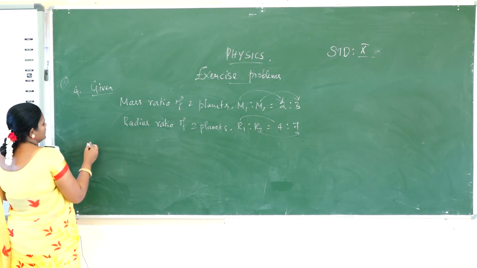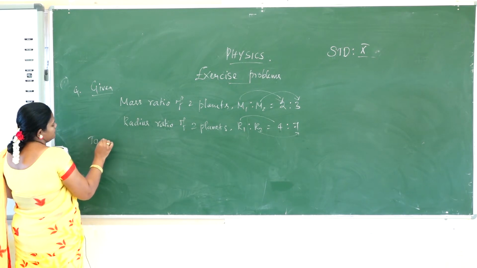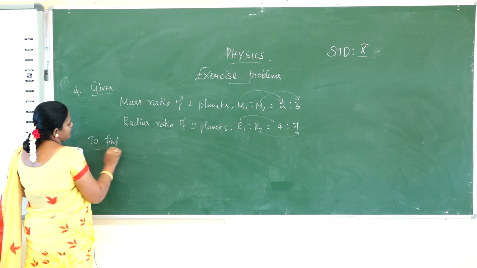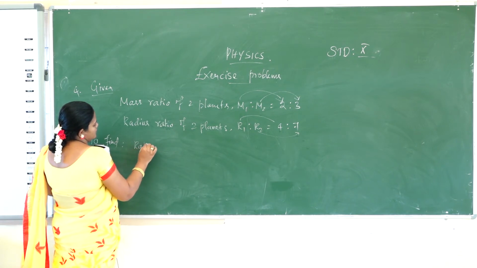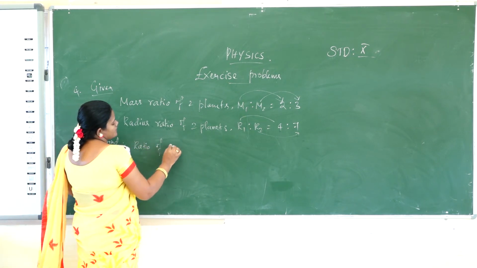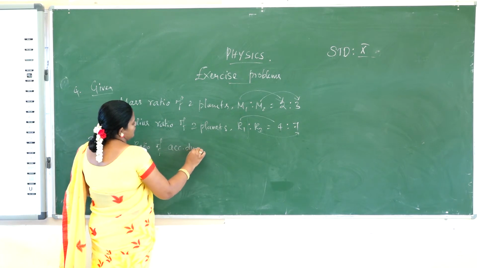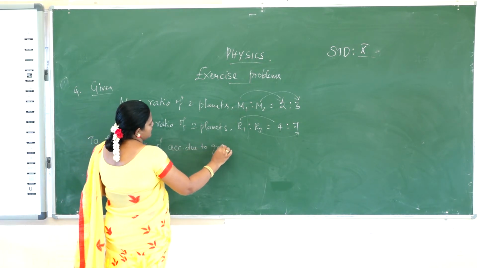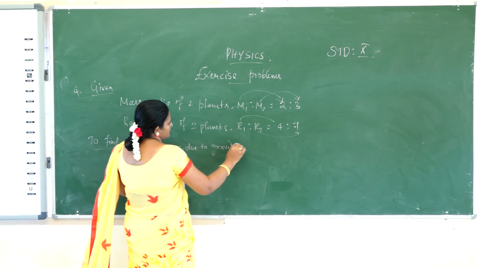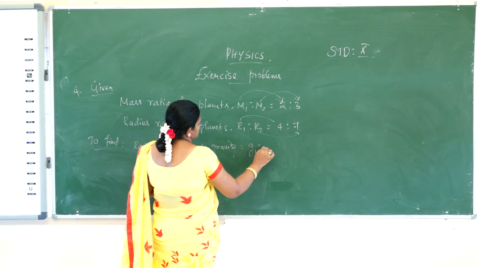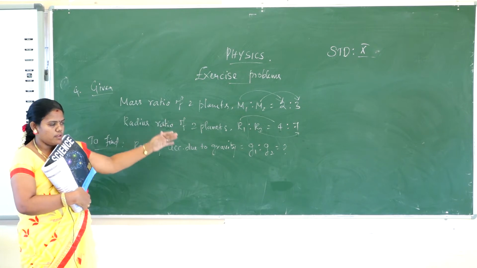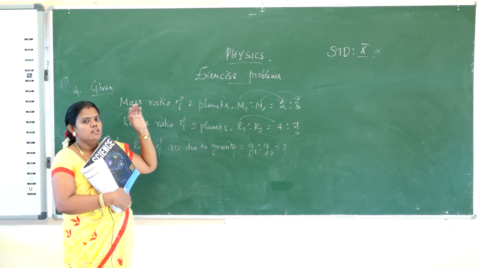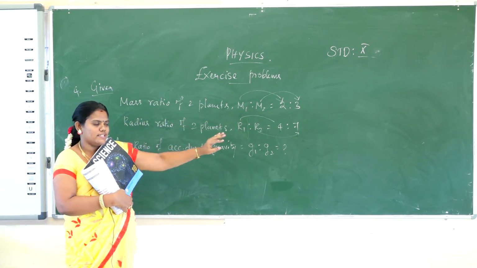What is asked in this question? To find the ratio of acceleration due to gravity, g1 is to g2 equals question mark. Mass ratio is given, radius ratio is given, and we will find out the ratio of acceleration due to gravity.